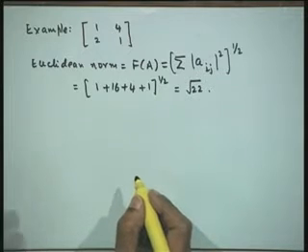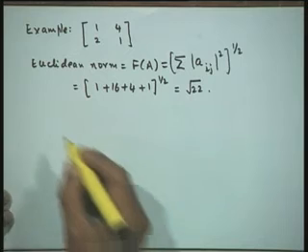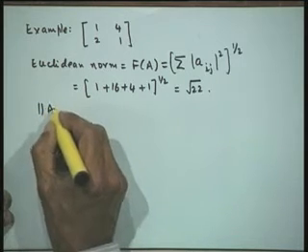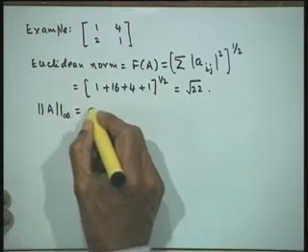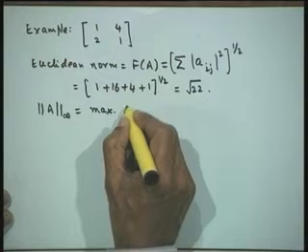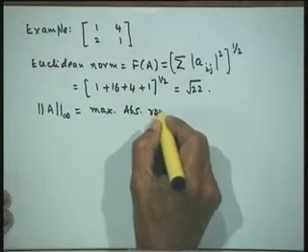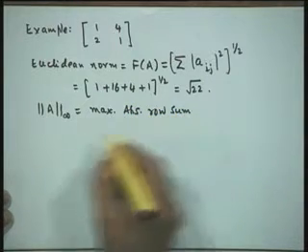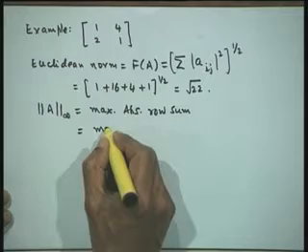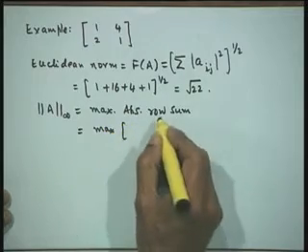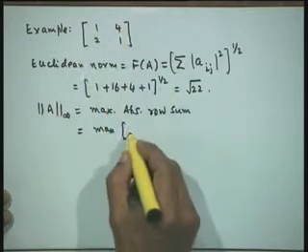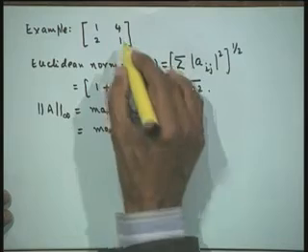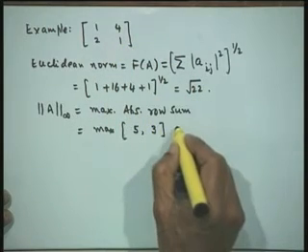Now, we have taken the maximum absolute row sum and maximum absolute column sum also as the norms. So, let us take those definitions. This is maximum absolute row sum. So, that means maximum of absolute row sum, 1 plus 4, that is 5, 2 plus 1, that is 3.